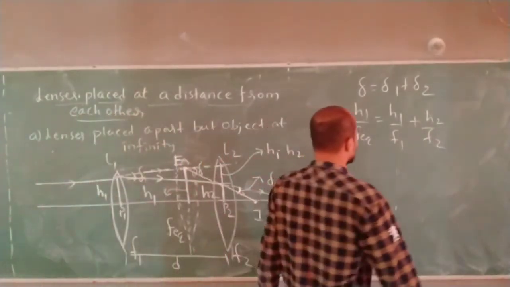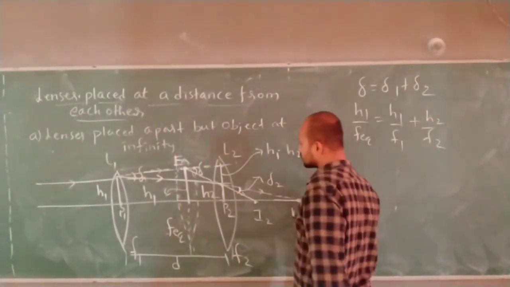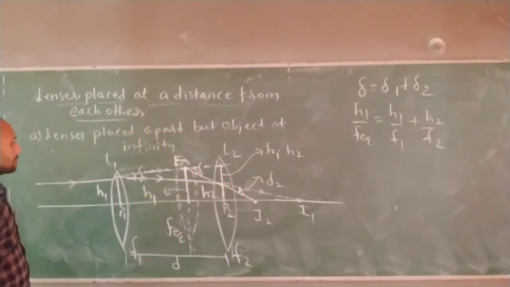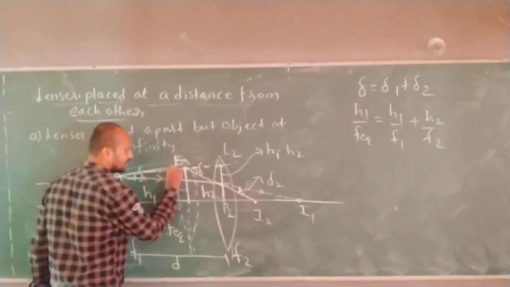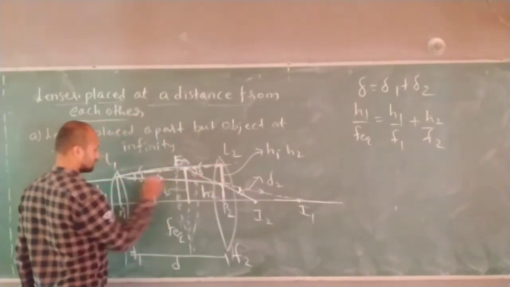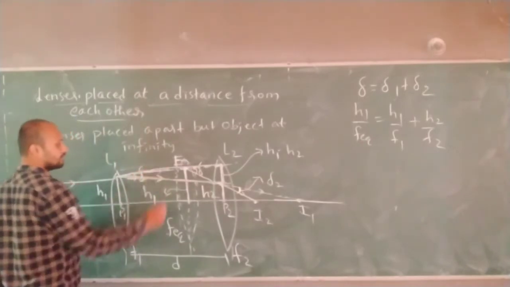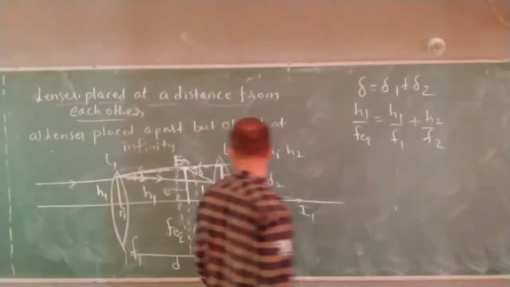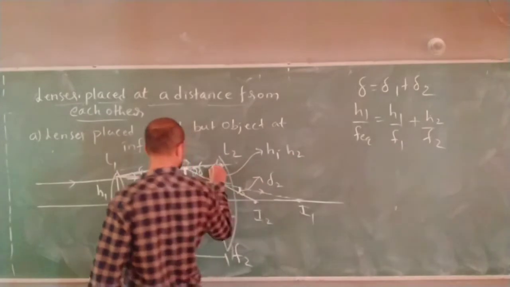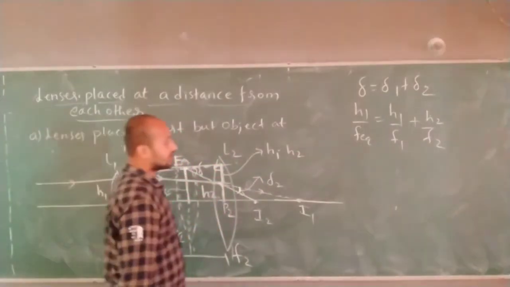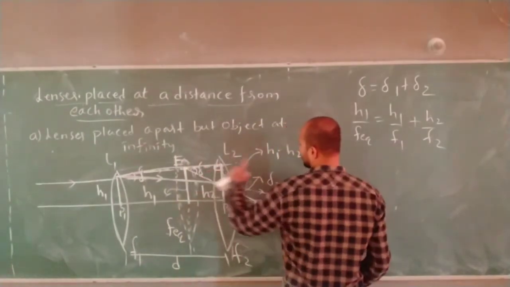Now I want to eliminate h2. So to eliminate h2, look at this triangle. If you look at that triangle, this is a right angle triangle. Yes or no? tan delta1, this is h1 minus h2.